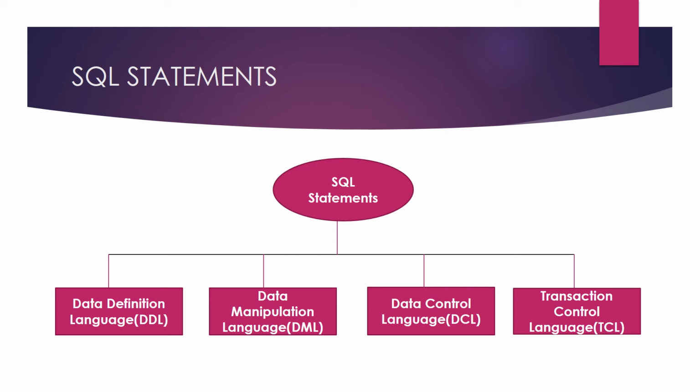These are the four types of SQL statements. With these types of SQL statements, we can work with a database. These SQL statements contain the SQL commands which allow you to work with MySQL. We'll discuss more on these SQL statements in my further videos.